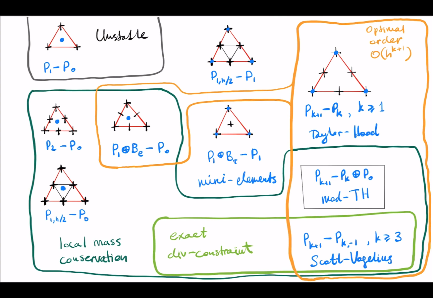Now, remember that to show stability of this element, we used a projection onto the edge bubble function space. And there, if you remember the condition, in the beginning we only needed the normal component of the difference between v and the Fortin projection to be 0.